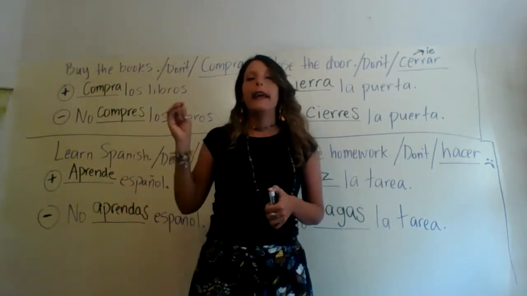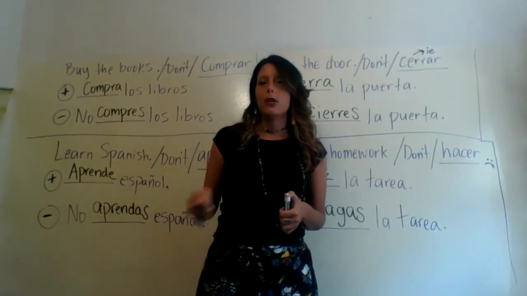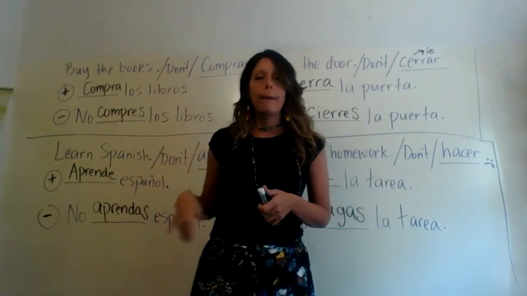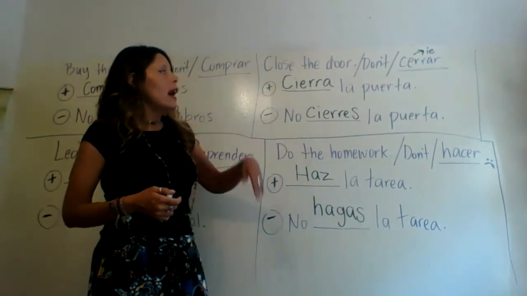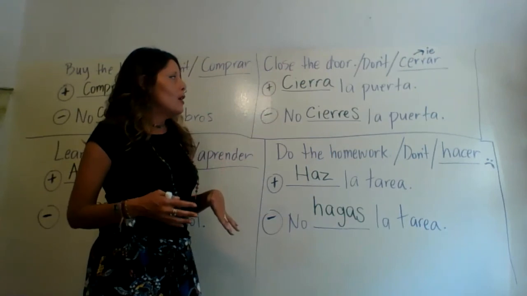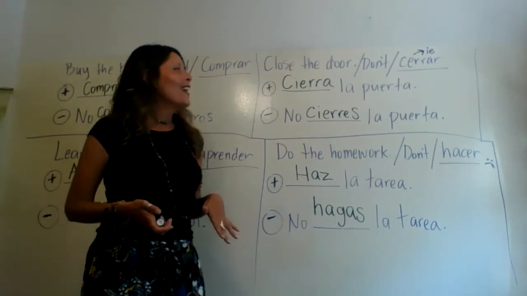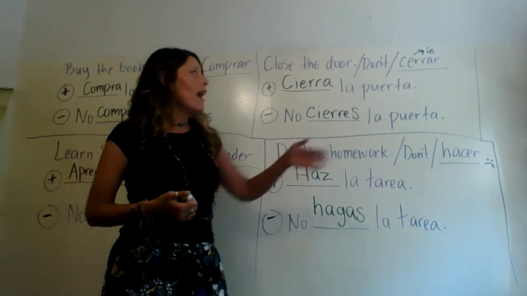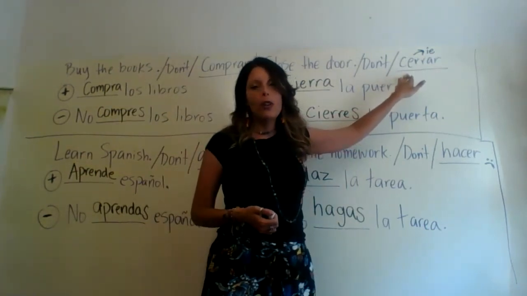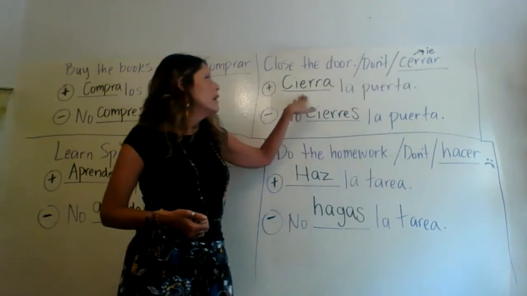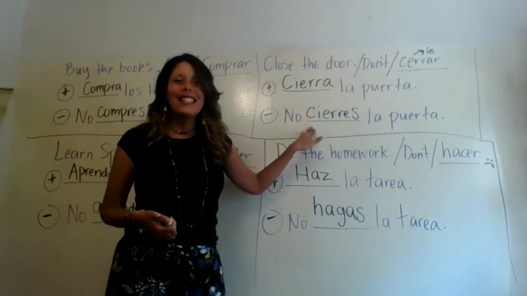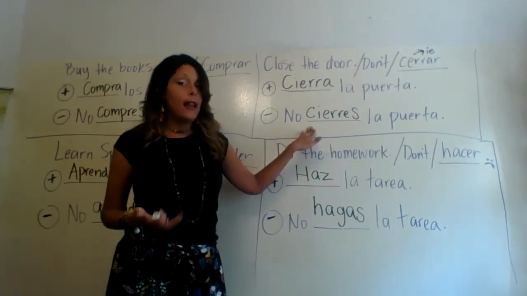So we have 2 examples of regular verbs, both in the affirmative and in the negative. Regular informal tú commands created over here with the verbs comprar and aprender. Then over here, I wanted to give you a little mixer upper of different kinds of verbs. We have a stem change, E to IE verb with the verb cerrar, cierra for the affirmative, no cierres for the negative.